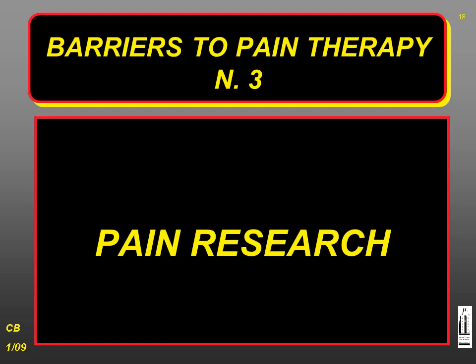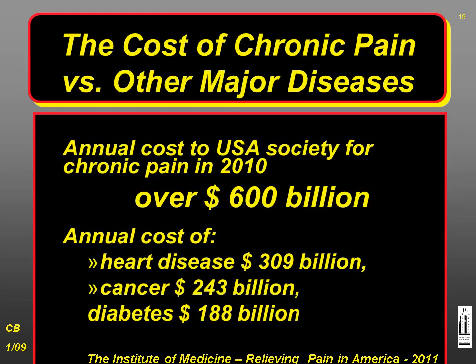Another major barrier to the advancement of algology is the persistent underfunding of pain research. The Institute of Medicine report, Relieving Pain in America, states that in 2010 dollars, the annual cost of pain to the American society was of about $600 billion.